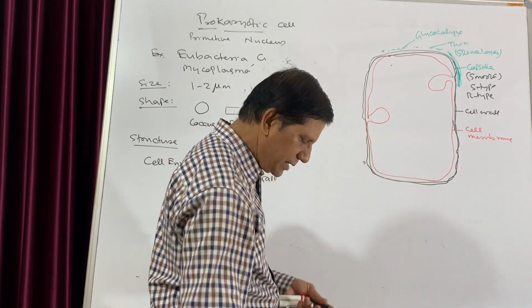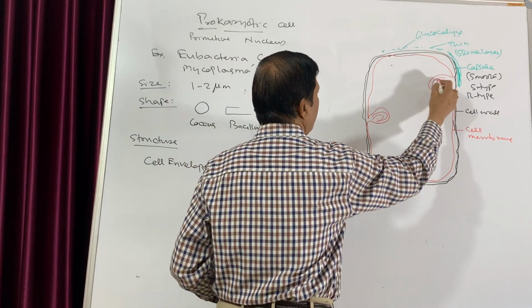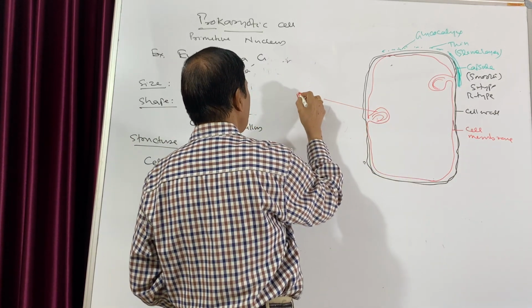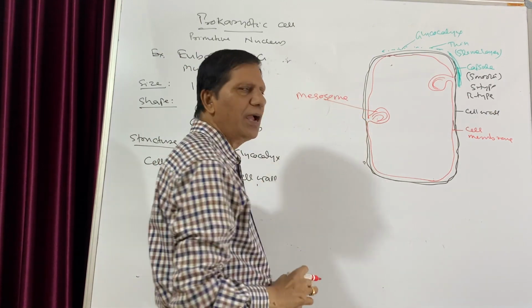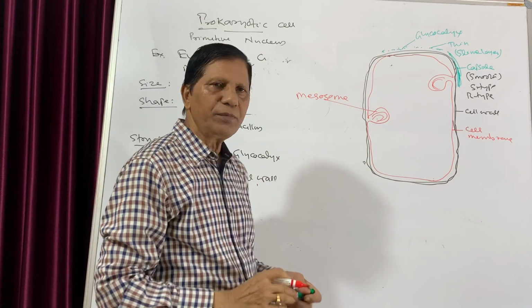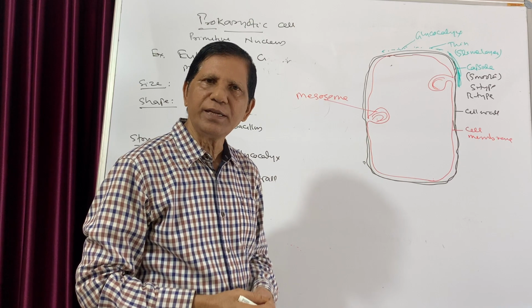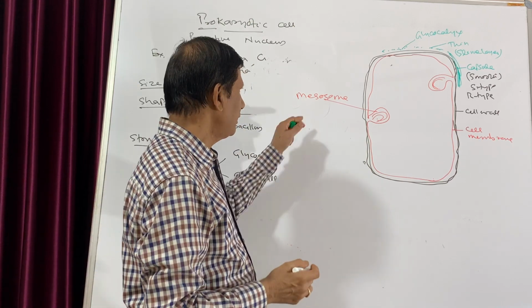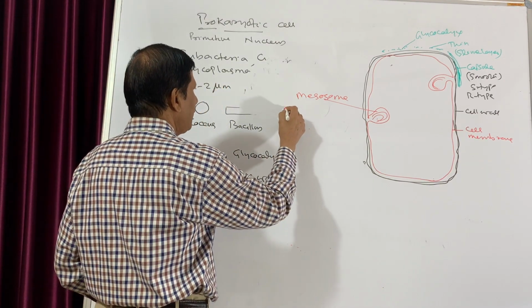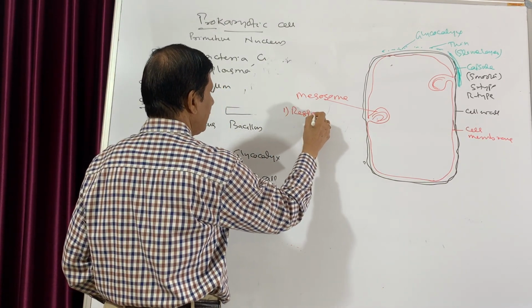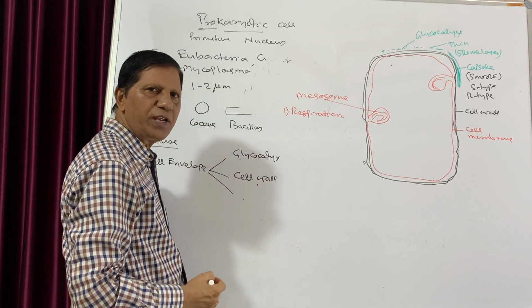Now see, the cell membrane has some foldings like this. These are known as mesosomes. This mesosome is just the substitute of the mitochondria that is found in eukaryotic cells, because it contains the respiratory enzymes. Or you can say it carries out respiration.